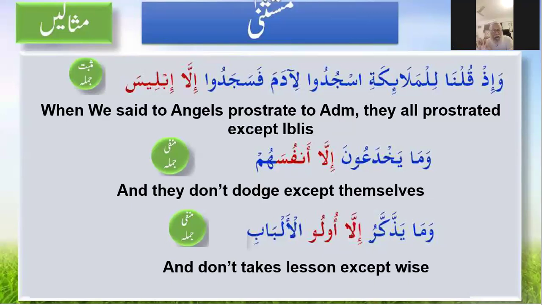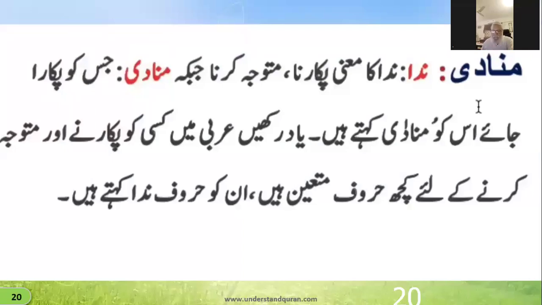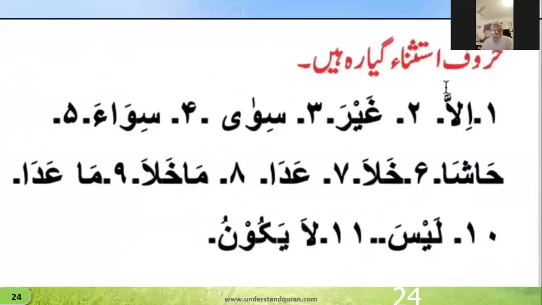When there is a harf atf, it is very clear this tawabe is of the category of atf. If these 11 words of istisna come, then you can say it is badal, and then it may be one of the four types: badle kul, badle bad, badle istishmal, and badle ghalat.